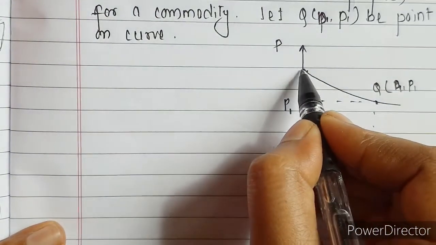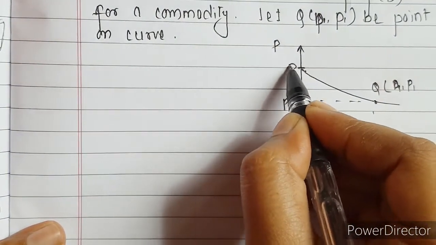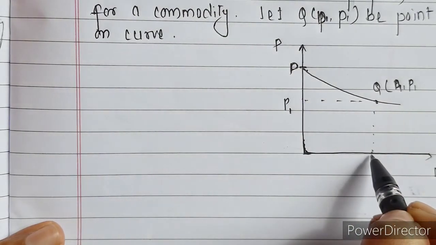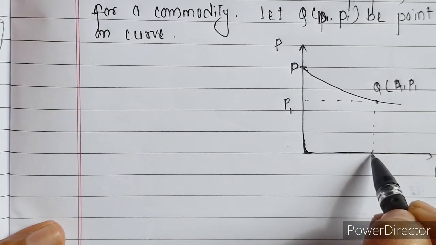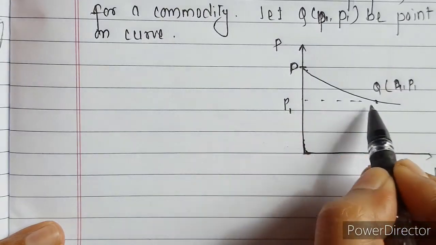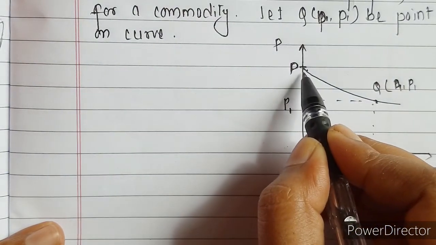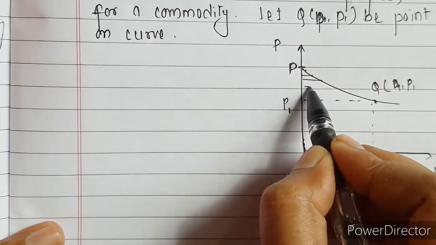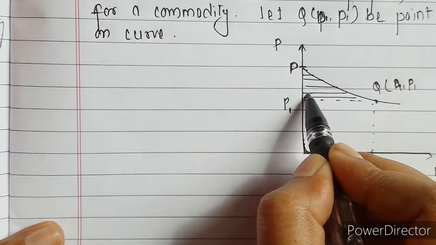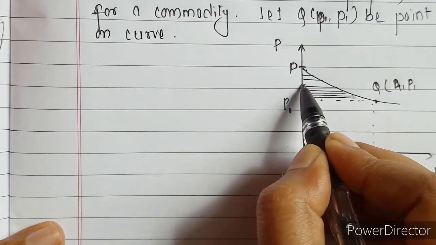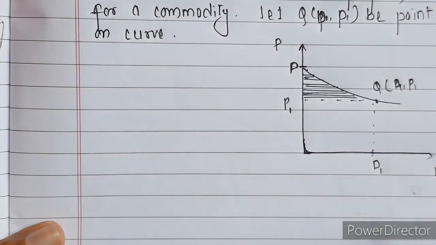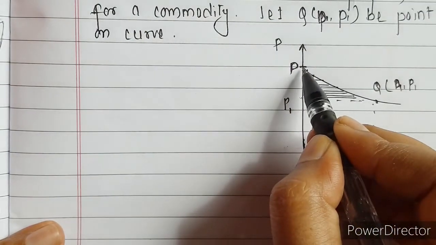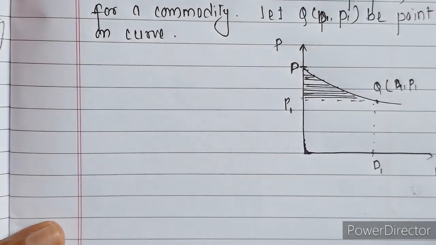Suppose they are ready to pay this P. So the actual price of the commodity for quantity D1 is P1, but what we are getting is P. We are getting extra. This extra, whatever we are getting more than the actual price, is nothing but consumer's surplus.